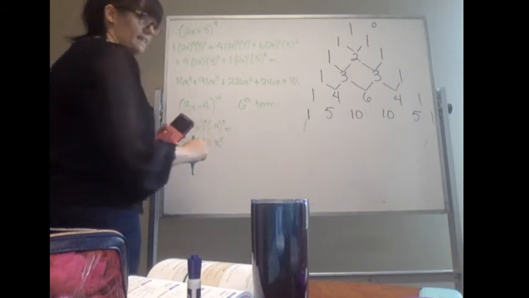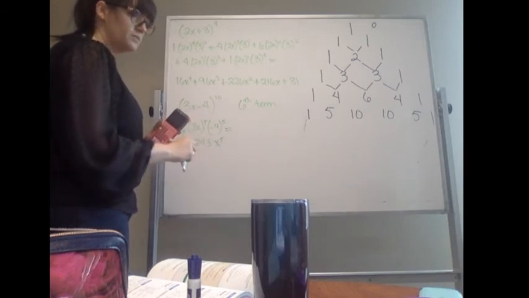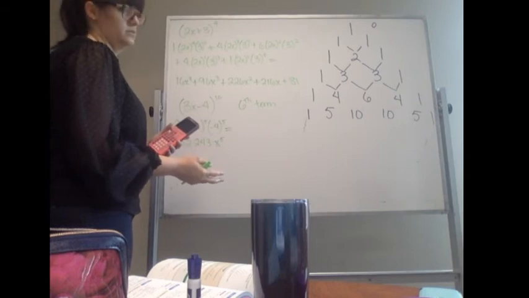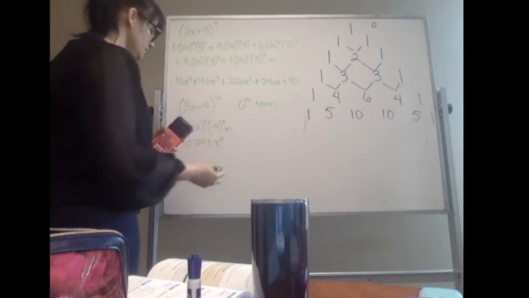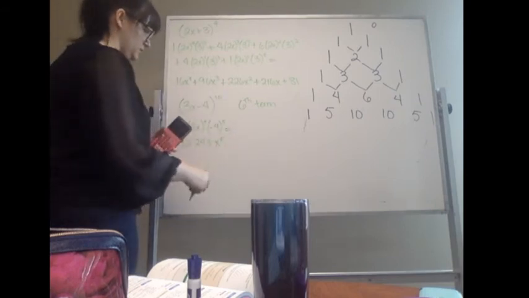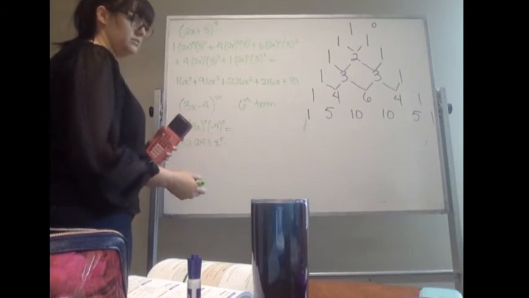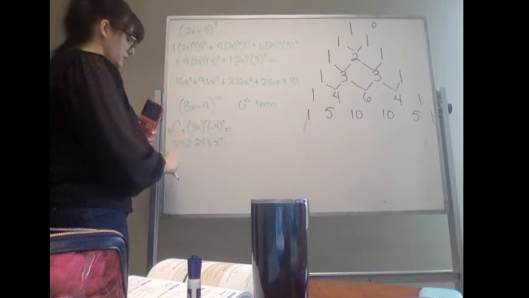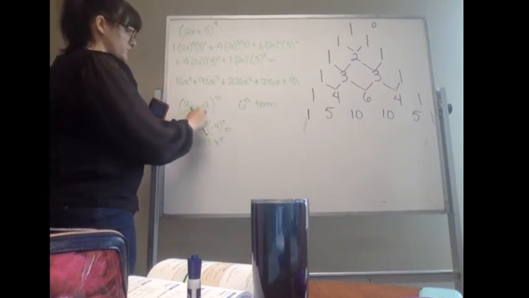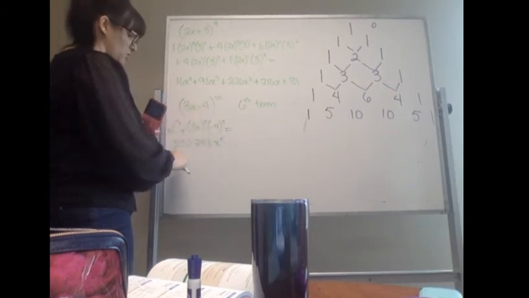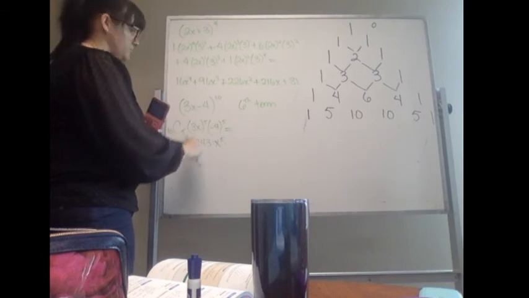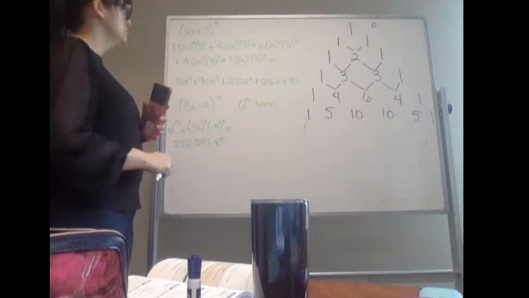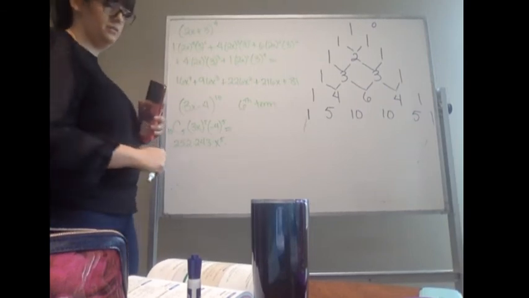Why are we multiplying all of them together? Because they're all just a single term. So 252 is the 10C5. That's the coefficient. If these numbers were just ones, then the coefficient would just be 252. But because they're not, we need to combine them with whatever they are.